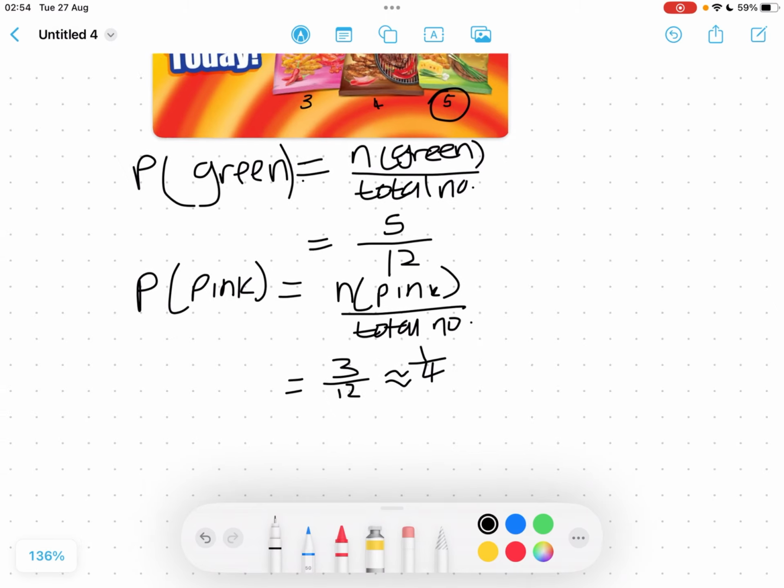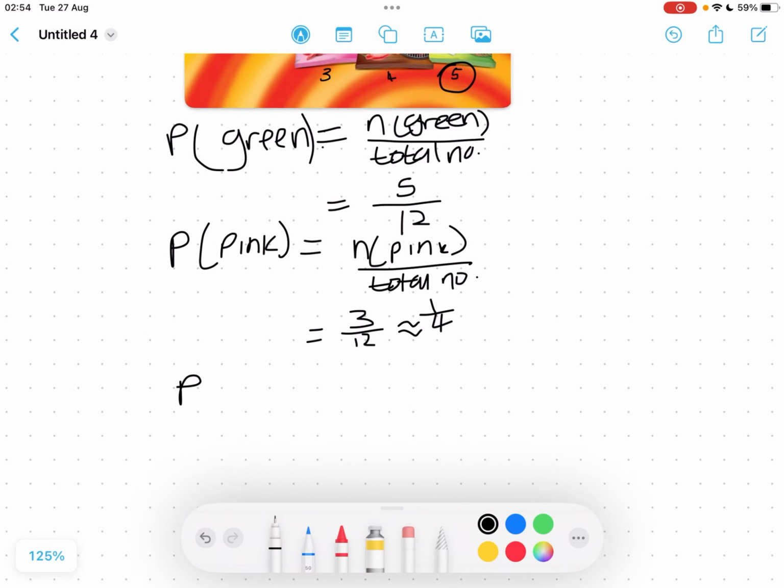The same thing can be done with the brown. Let me say P(brown), or barbecue, to make it more in the context of the Go Slow. The probability of getting barbecue is the number of barbecue snacks they have, which is 4, divided by the total number of snacks, which is 12, which gives me 1 over 3.